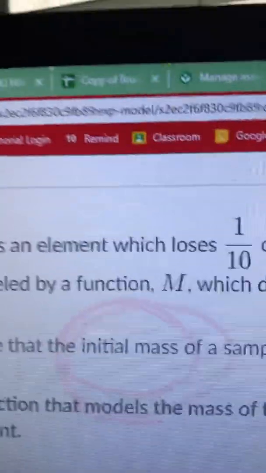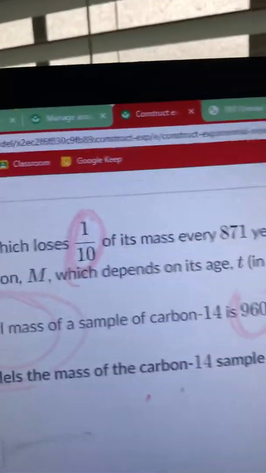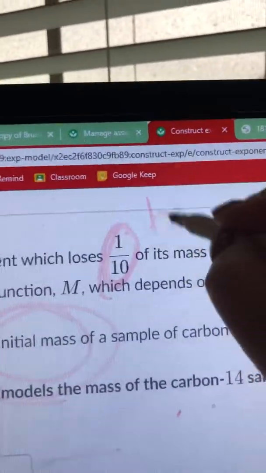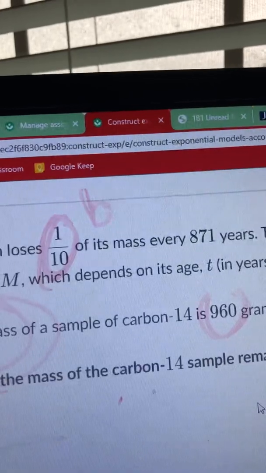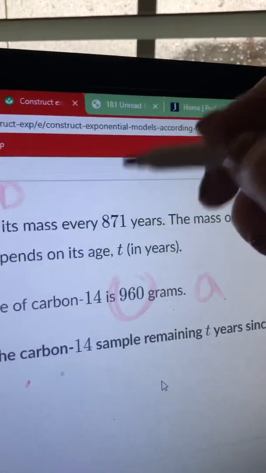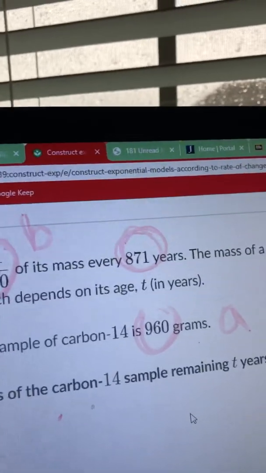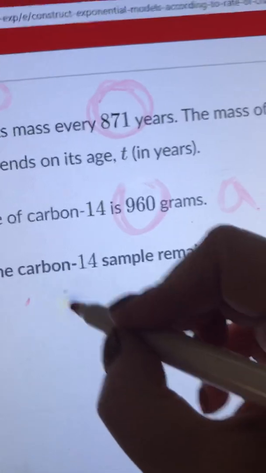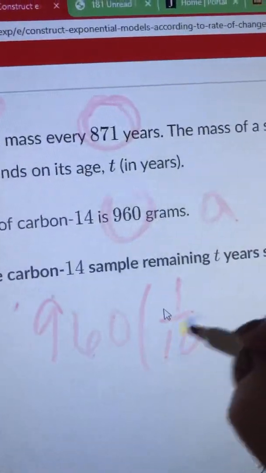The fact that it loses, that's the change, as in the B. And then it says every 871 years. So when we write down our equation, we're definitely going to have 960 times 1/10.